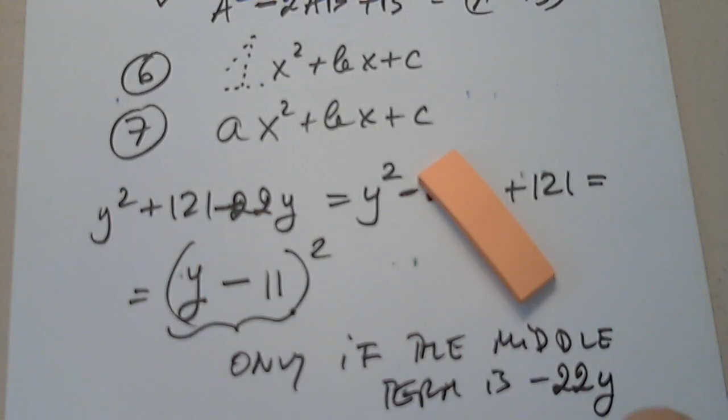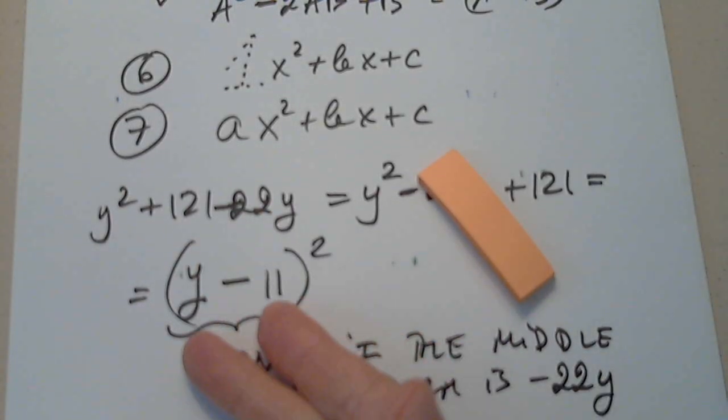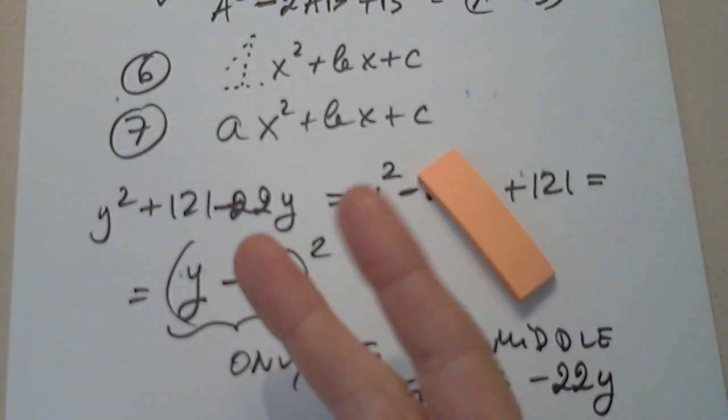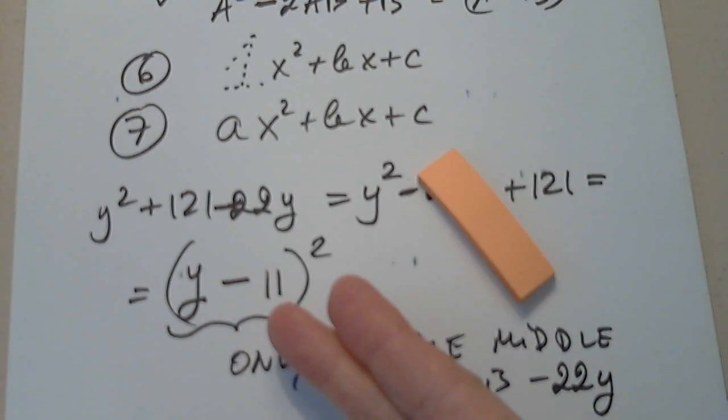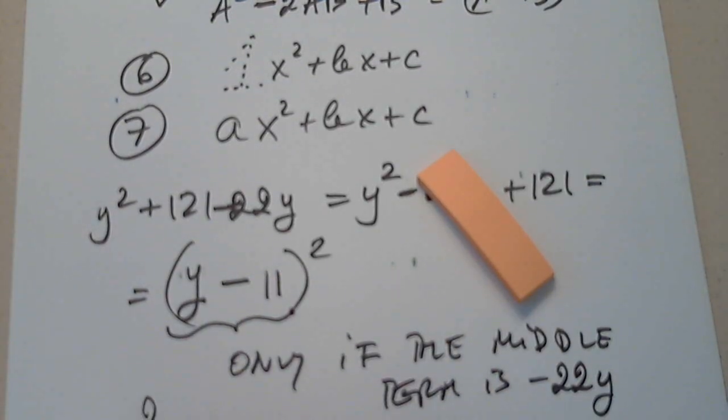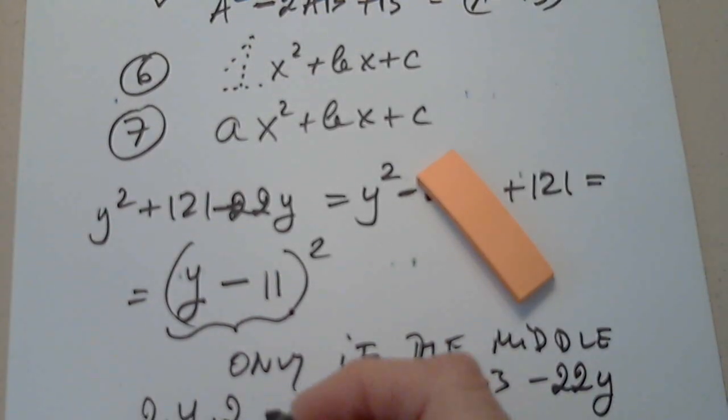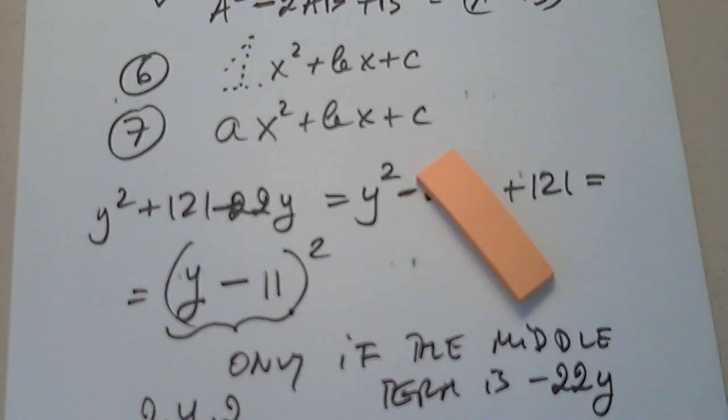But remember from last week, how do I get the middle term here? 2 times the first times the second. So 2 times the first times the second is indeed 22y.